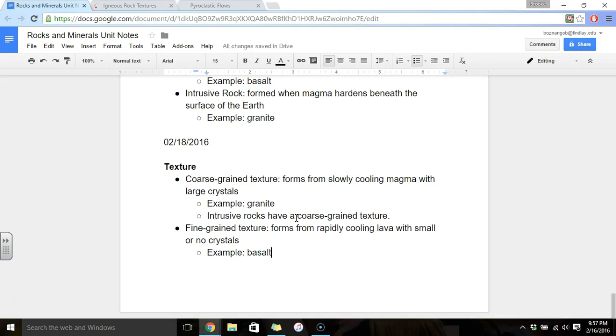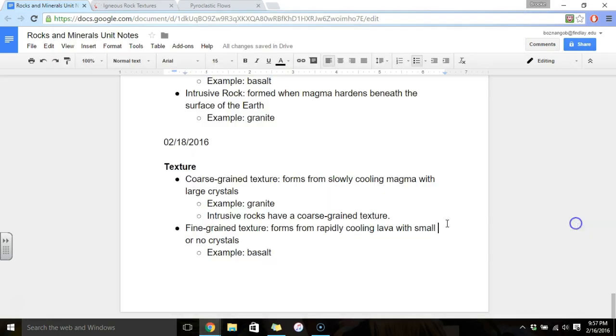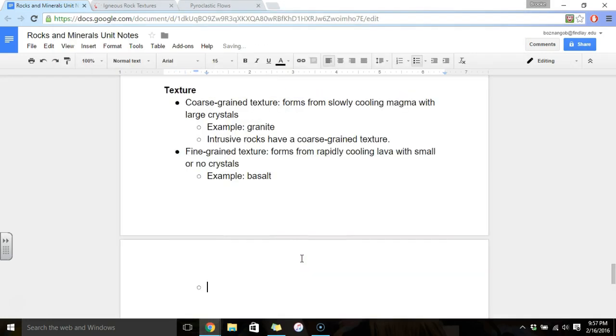We looked at it with extrusive rocks. So from our reading, it tells us extrusive rocks have a fine-grained or glassy texture. So I can put underneath here that extrusive rocks have a fine-grained texture. So now we've talked about coarse-grained and fine-grained.